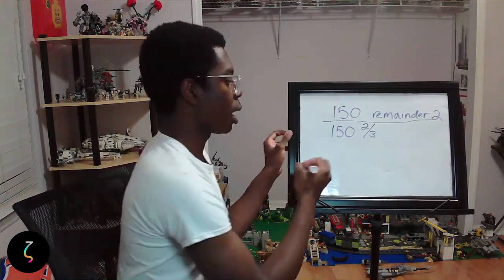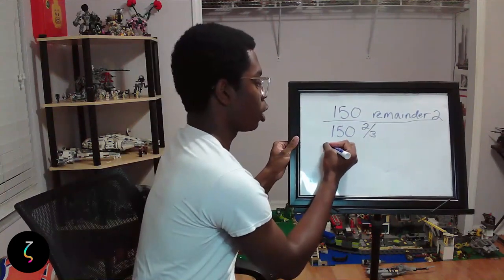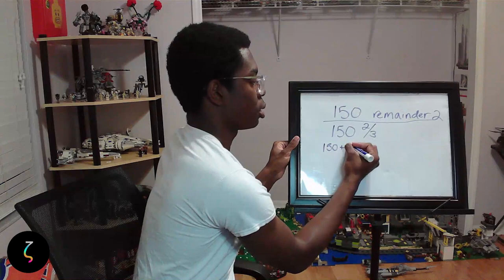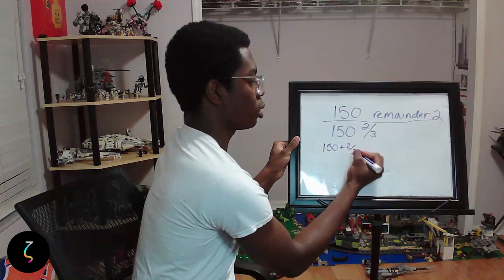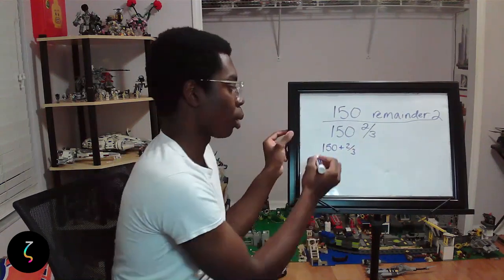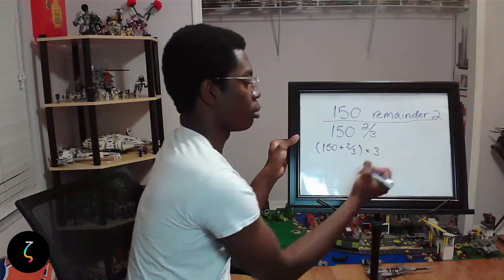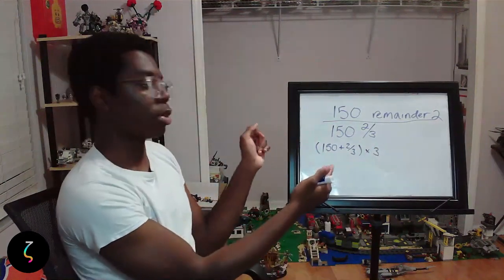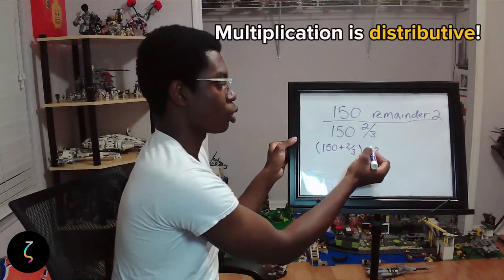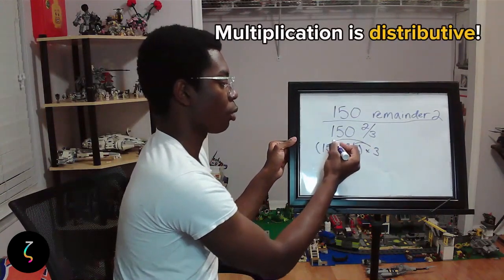So we have 150 plus 2/3, and we're multiplying that by 3, right? So I can do a parentheses and then multiply by 3, and we can distribute this into both, right?